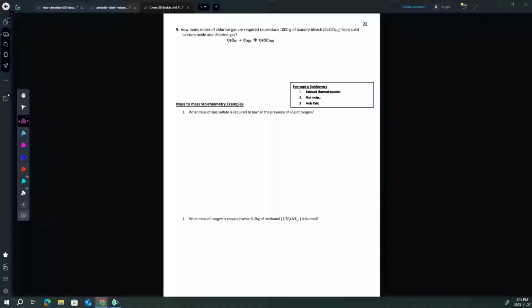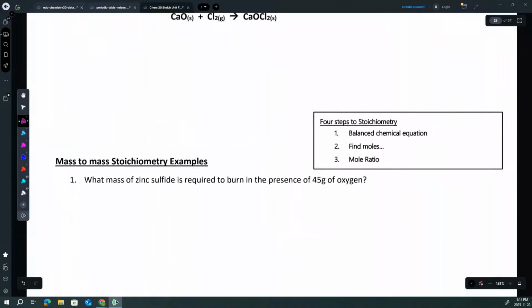In this video, we're going to go over how to do mass-to-mass stoichiometry examples here. Just as a quick refresher, the 4 steps to any stoichiometry calculation: first, create a balanced chemical reaction. Step 2, find your moles of your given substance.